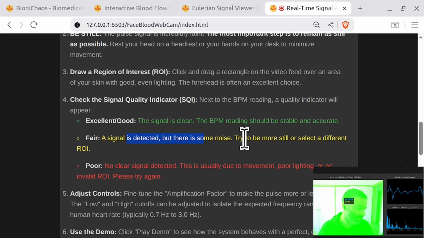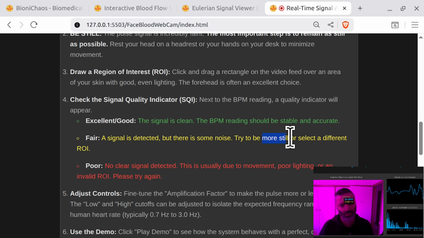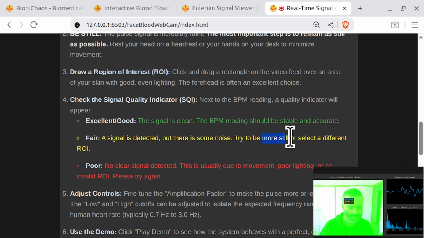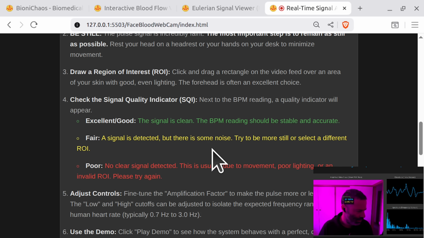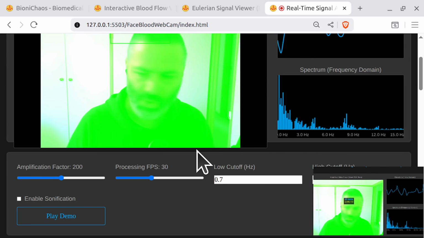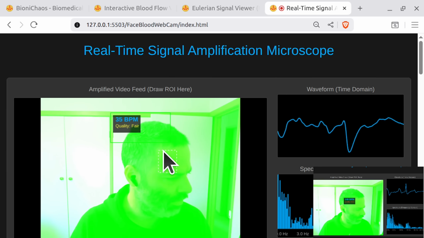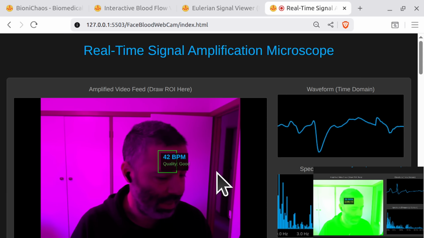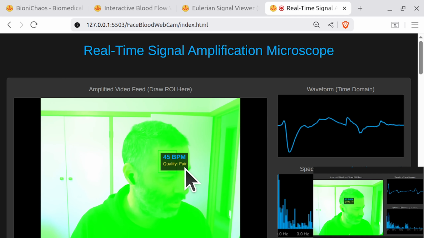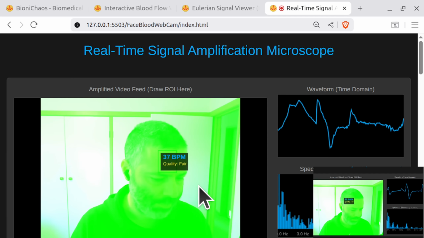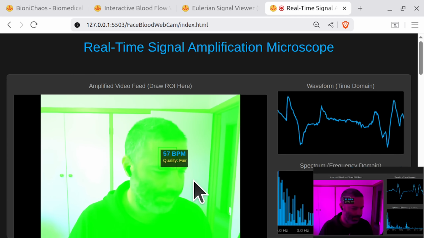Yeah, I have to stay still because it's actually extracting minor changes and amplifying them as well. Changes in color in the video footage within the ROI, which we can adjust manually.